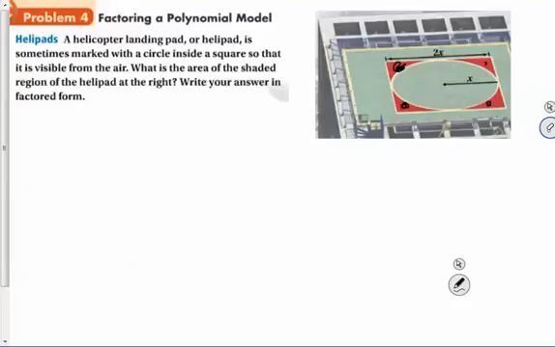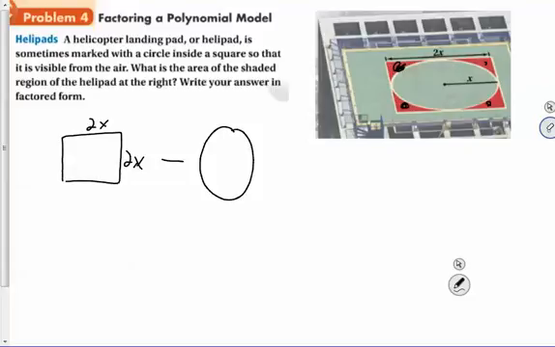But what I'm looking at is a square. If you think about it, it's a square, 2x by 2x, with a circle inside. So if I take 2x by 2x, that's that area, right? And I take away the area of the circle, then I believe I now have my area of the shaded region, if you think about it, right?